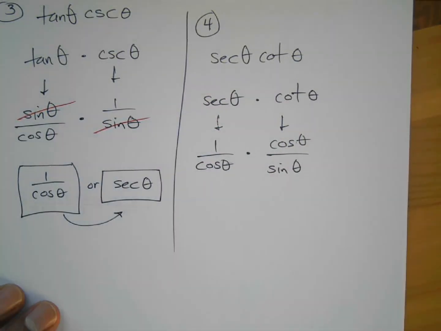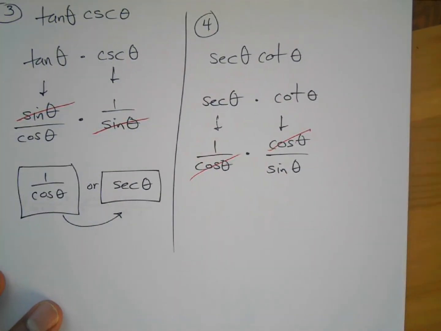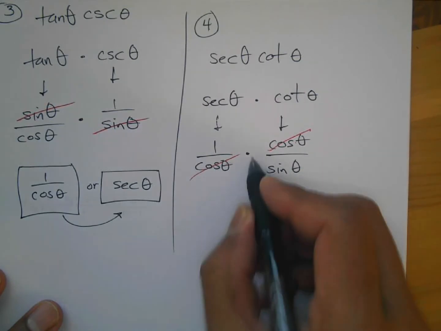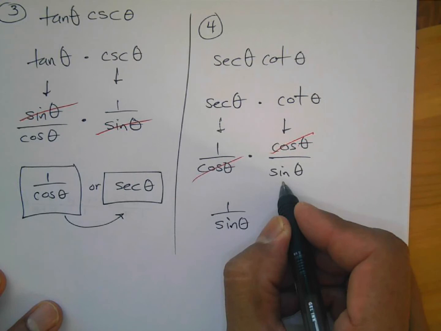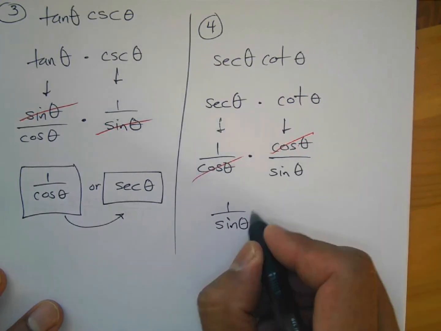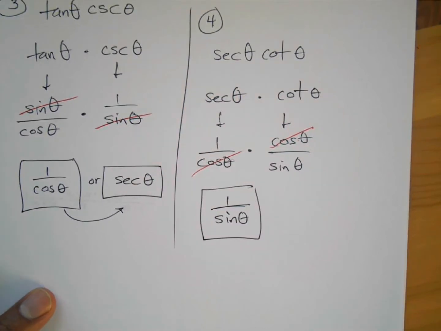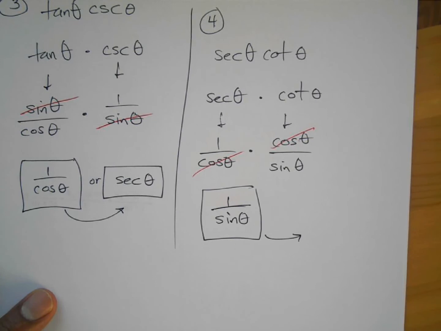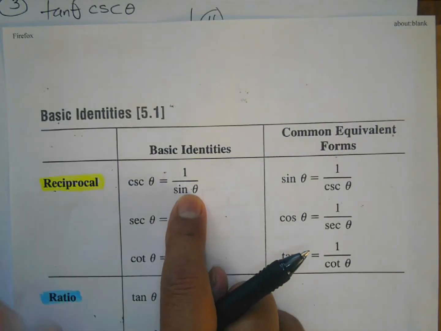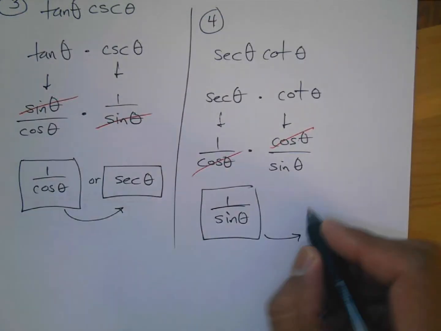That's how these are set up. The cosine divides out with the cosine. Your answer is 1 over sine, right? The 1 is on top and the sine is in the denominator. That's correct. But 1 over sine is equivalent to cosecant.